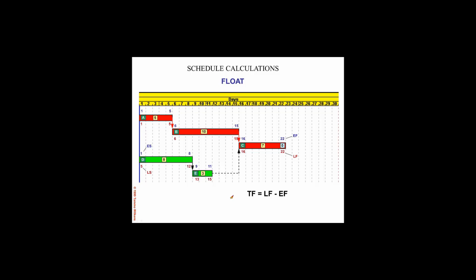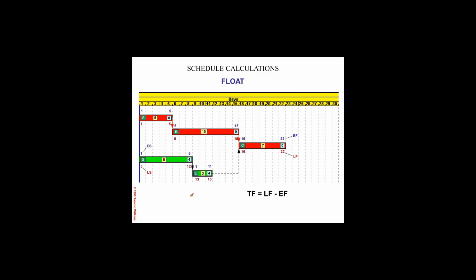Similarly, for activity B, we have 15 minus 15, and for activity A, we have 5 minus 5. Now, activity E, we have late minus early. So late is 15 and early is 11. So activity E has 4 days of float, and activity D also has 4 days of total float, 12 minus 8. So there we have the total float calculations from the forward and backward pass.